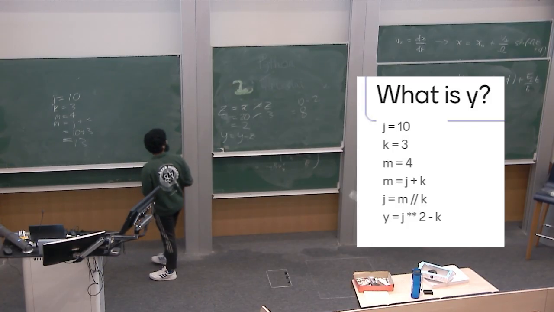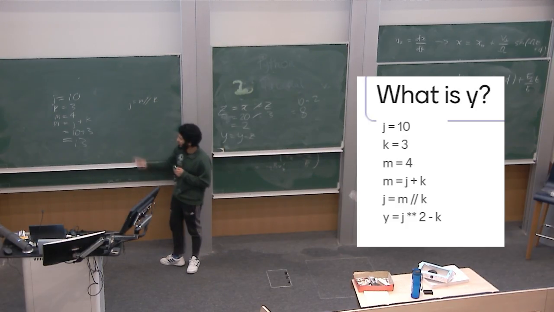Then after that, we have j is equal to m double slash k. What does double slash mean again? Is it modulo division, or floor division, or regular division? It's floor division, right? So m, 13, floor division k, which is 3.